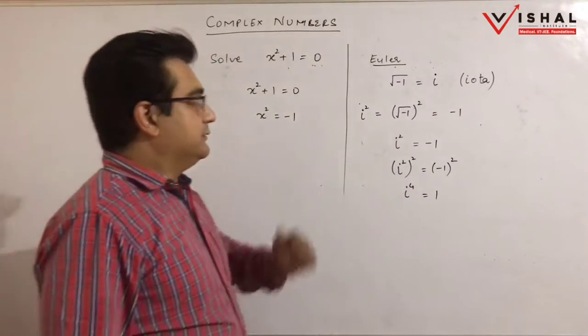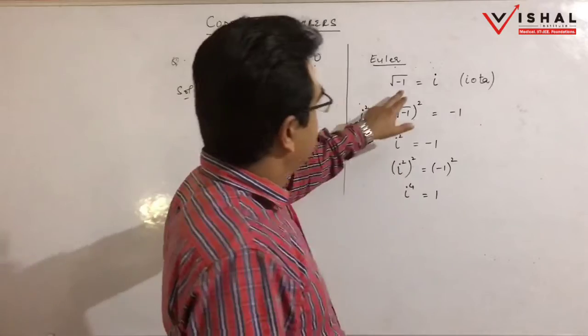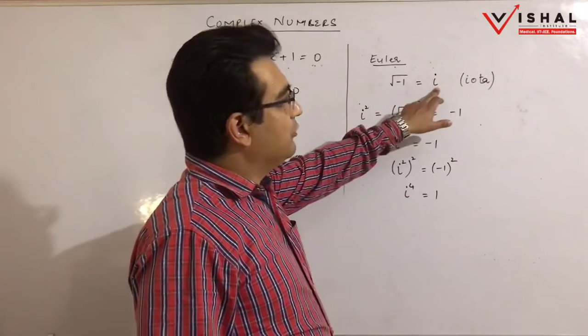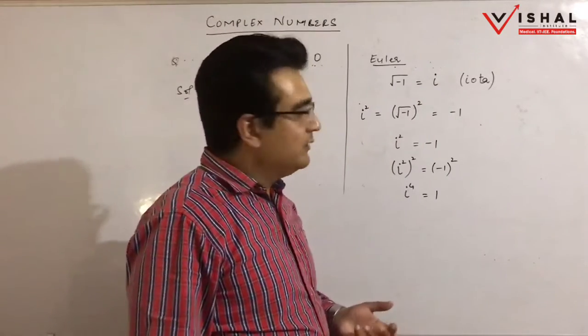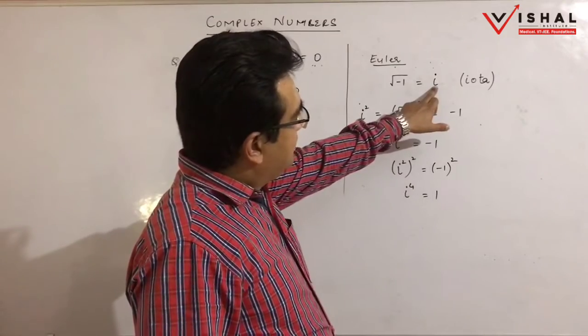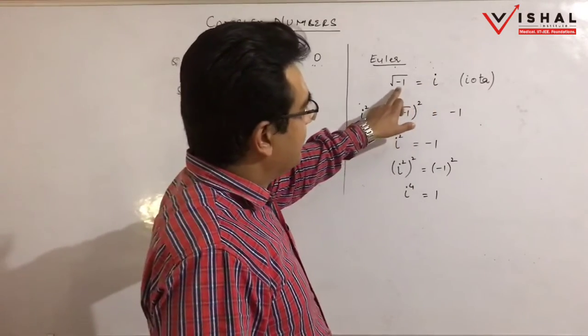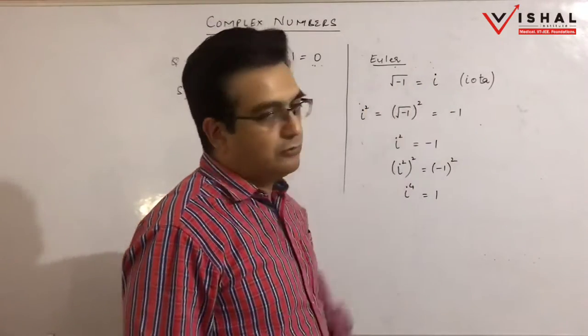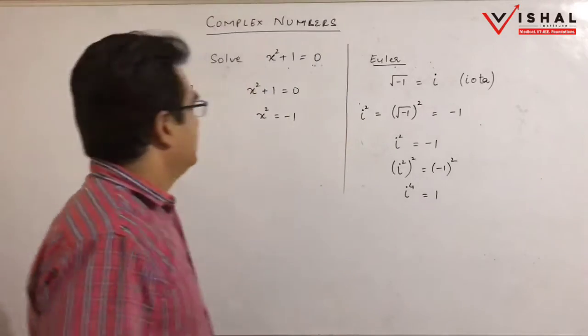So what is iota? Iota is the imaginary number, and it is equal to under root of -1, or under root of -1 is equal to iota.